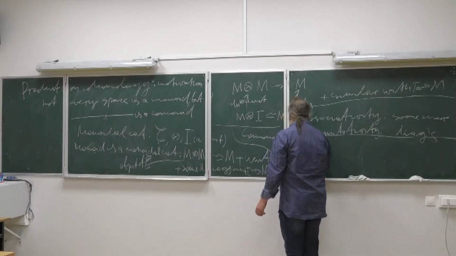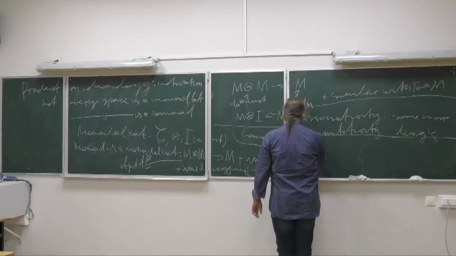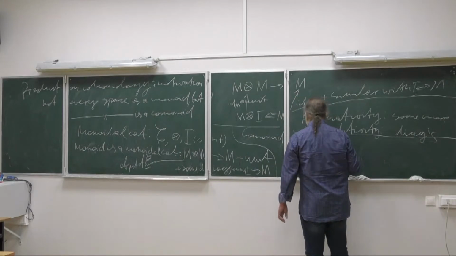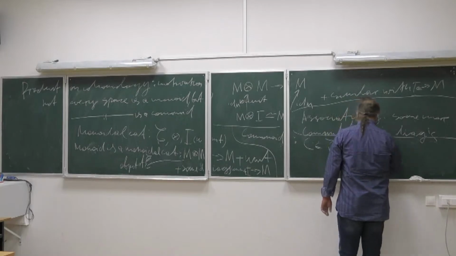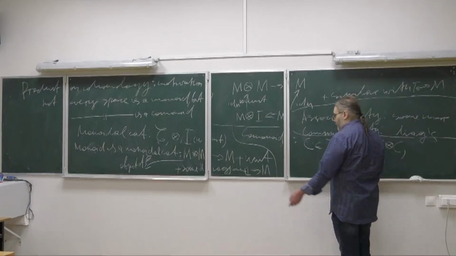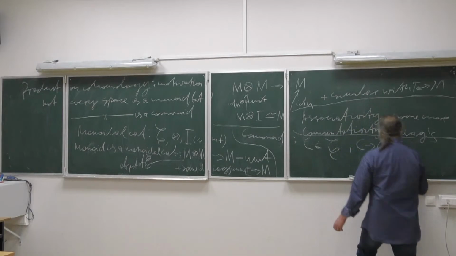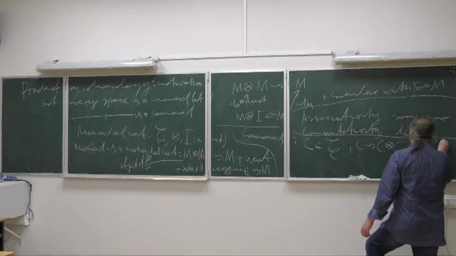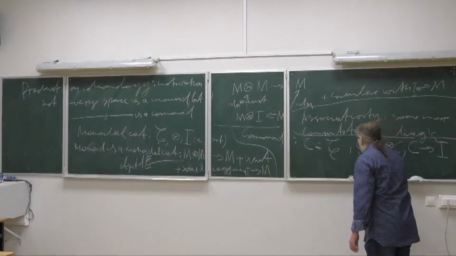Well, instead of having an arrow from M to M, I start with an object C, an arrow from C to C tensor C, and a co-unit. So this is the co-product.